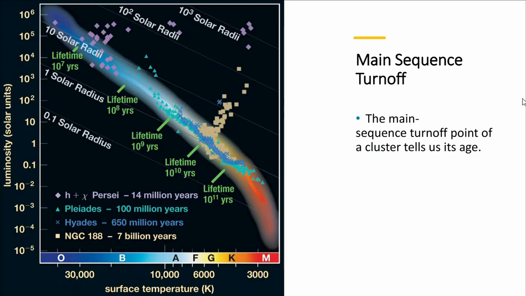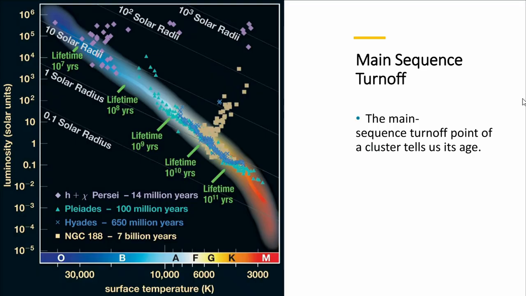Then the Pleiades we talked about: there aren't really high mass stars left, they've all died, so this cluster must be a little bit older. Then for the Hyades cluster, again, there aren't any stars up where the Pleiades has its turnoff. The turnoff is much further down the main sequence, so that cluster must be older.